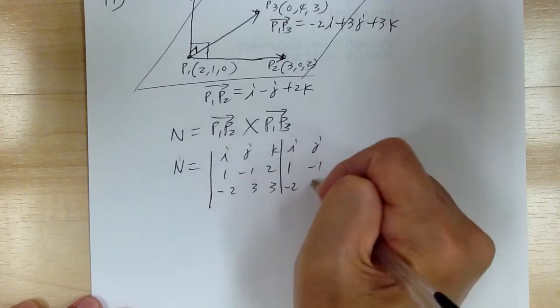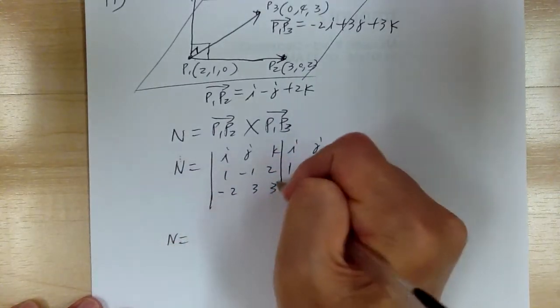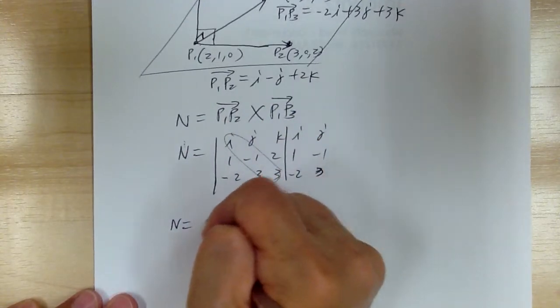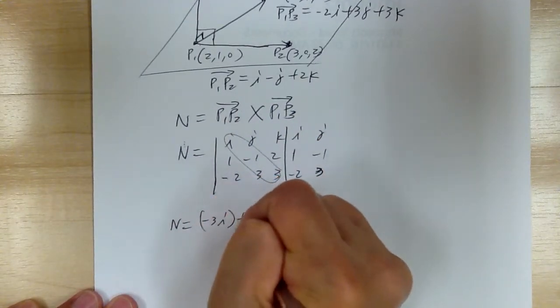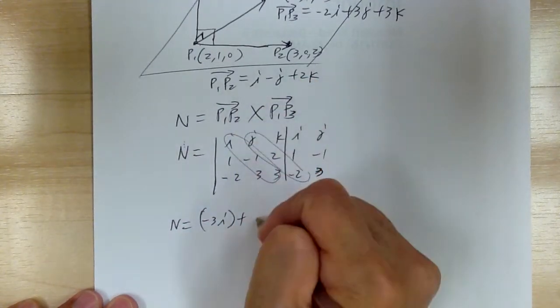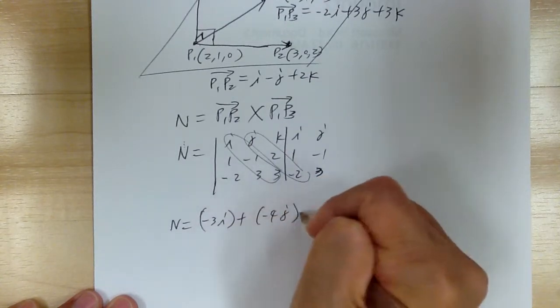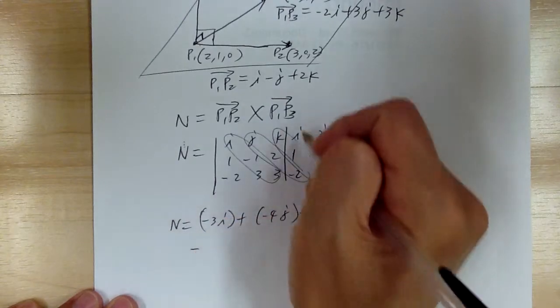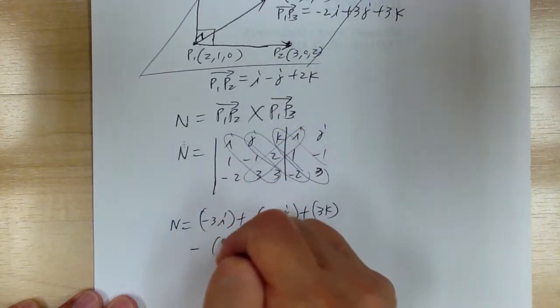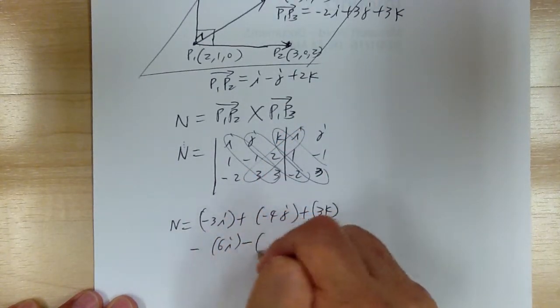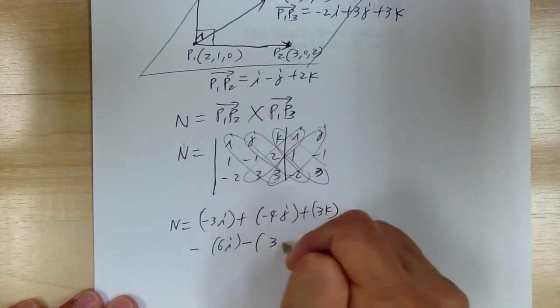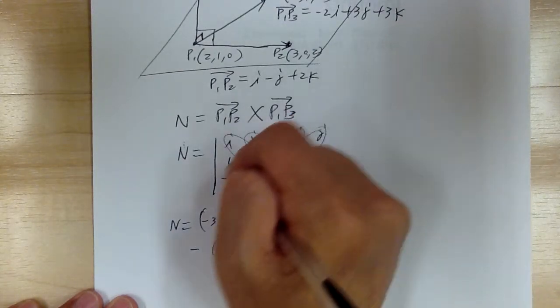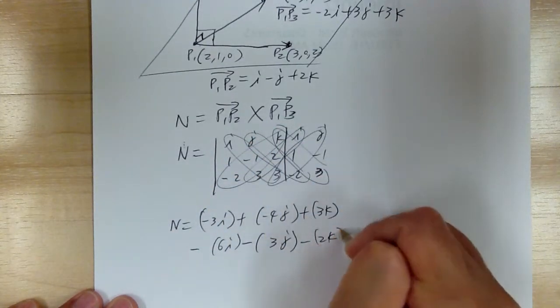and do the diagonals. So n is equal to the i diagonal is minus 3i plus minus 4j plus 3k, minus, this would be 6i minus 3j minus 2k.